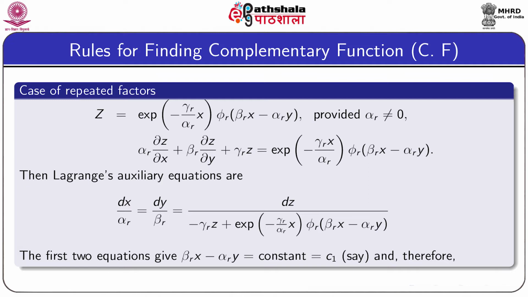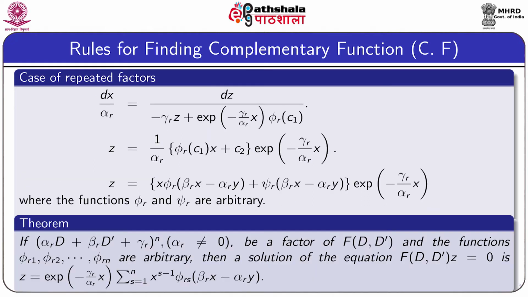If we take the first two equations, we get the solution beta r x minus alpha r y equals a constant, say C1. In the denominator of the last expression, dz by some function, where beta r x minus alpha r y is present, one can replace that with the constant C1. Putting that value, we obtain the relation written here.